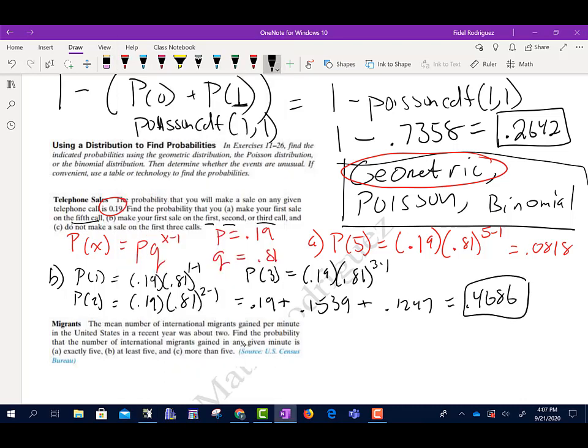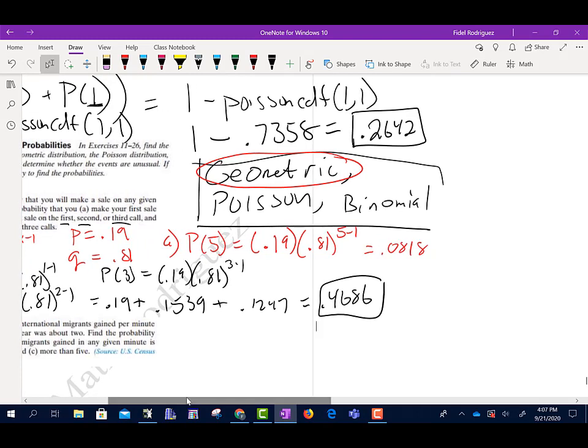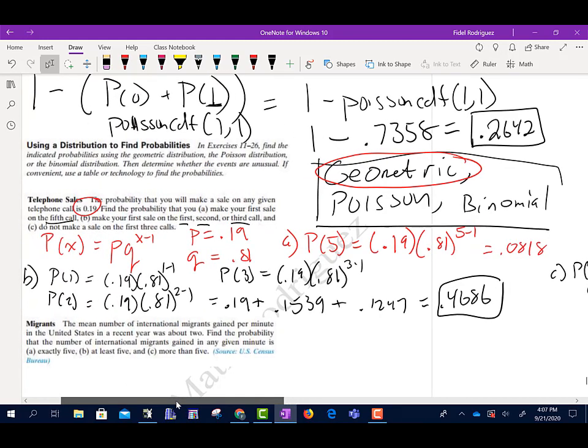And we have a part C. We do not make a sale on the first 3 calls. So part C is no sale on first 3 calls, right? If you notice, what we did in part B was find the probability that we would get a sale on our first, second, or third.